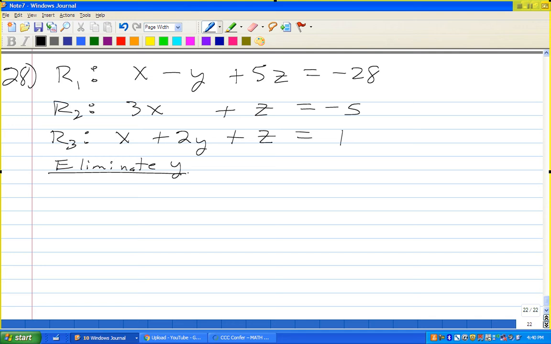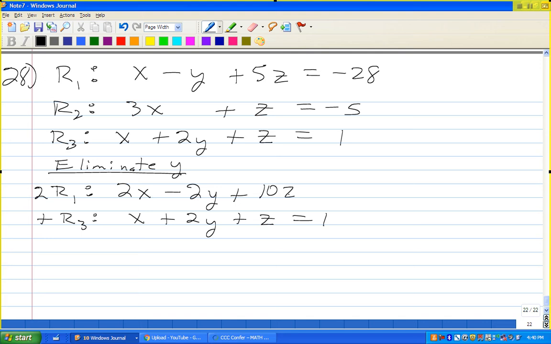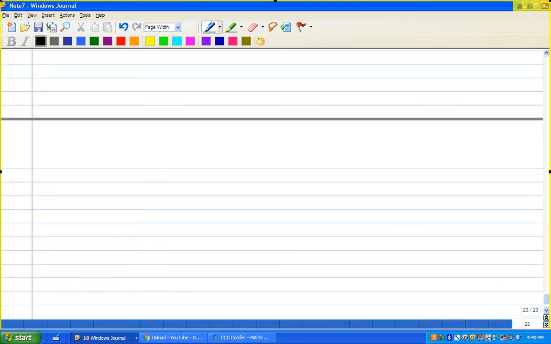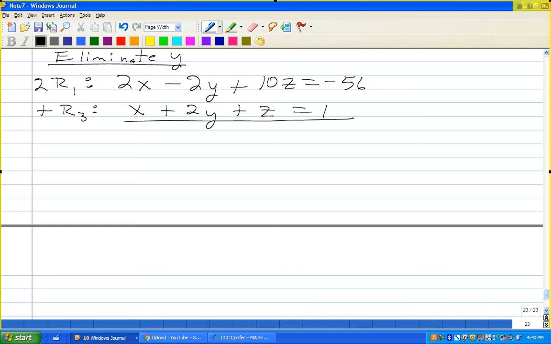So R2 is already, I've already eliminated y. So that's good. So I just have to do R1 plus R3. So x plus 2y plus z equals 1, and 2x minus 2y plus 10z equals negative 56. Let's add. So I get 3x, y's cancel, plus 11z equals negative 55.